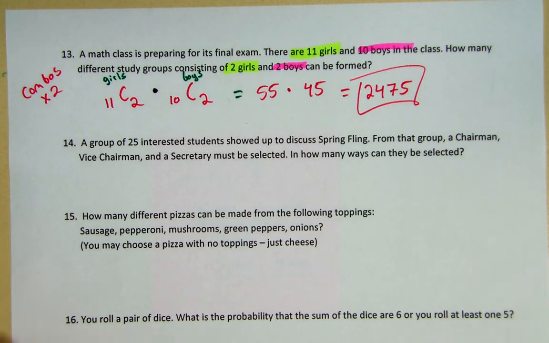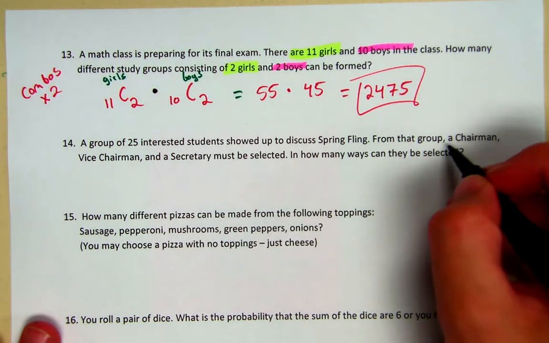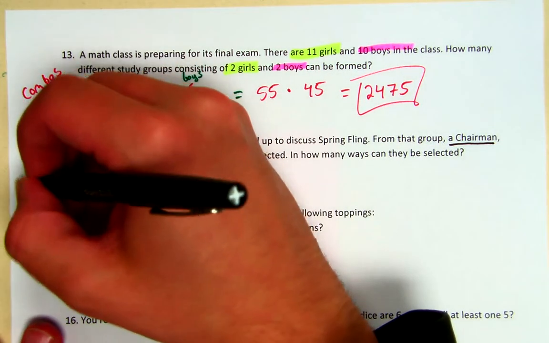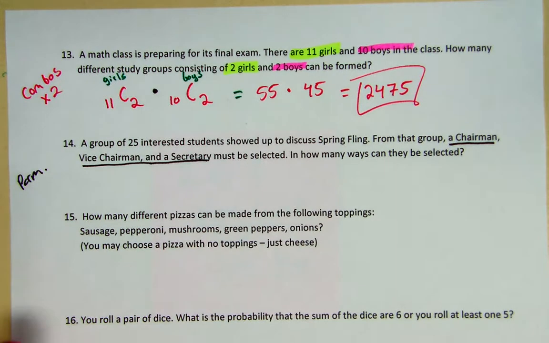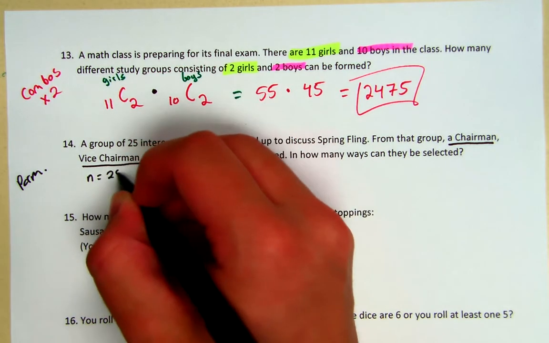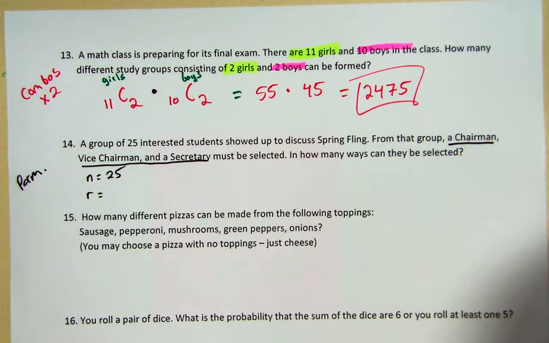Alright, a group of 25 interested students show up to discuss spring fling. From the group, a chairman, vice chairman, and secretary must be selected. That's your key word here to knowing that this is a permutation, because you have ordered positions. So how many do we have? We have n, there's 25 people. How many positions are there?